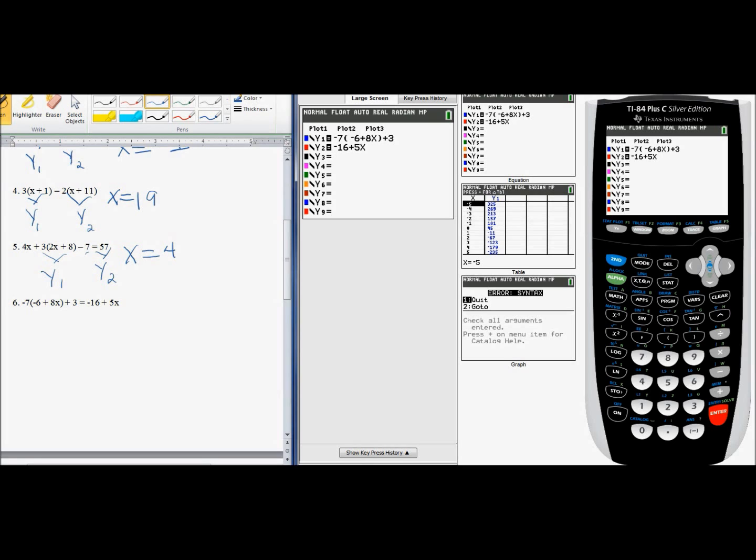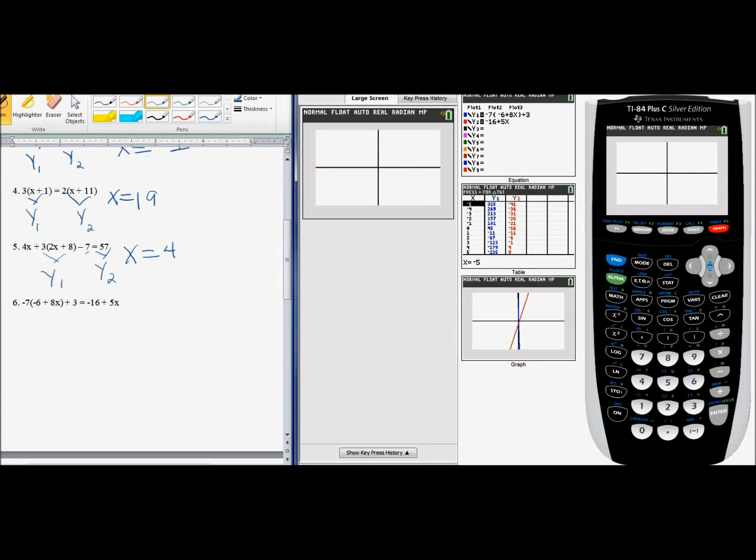Okay, now I'm going to double check, make sure I have it in there correctly. I draw my graph. Okay, it'll take a second to draw. Then I need the intersection of the two lines. That's number 5. And I'll enter it 3 times. And you should have gotten for your answer x is equal to 1. And that's your final answer.